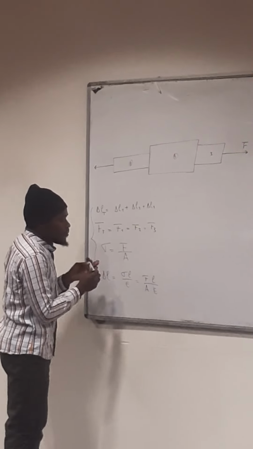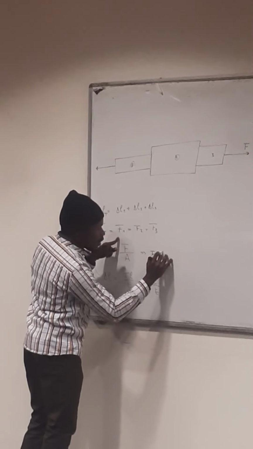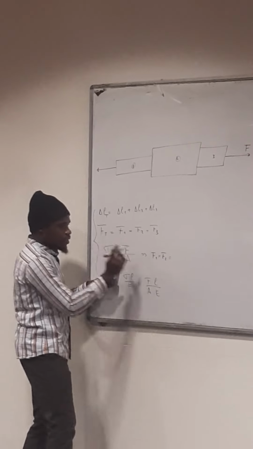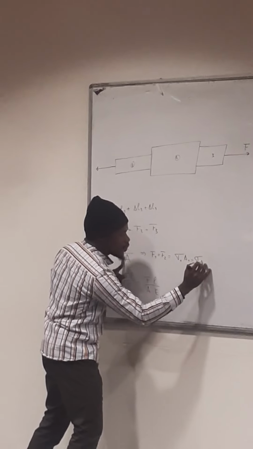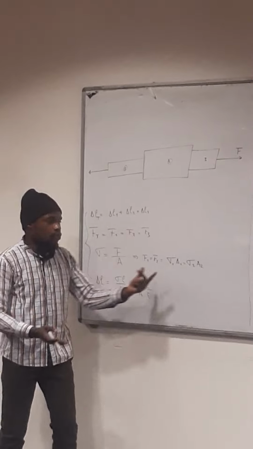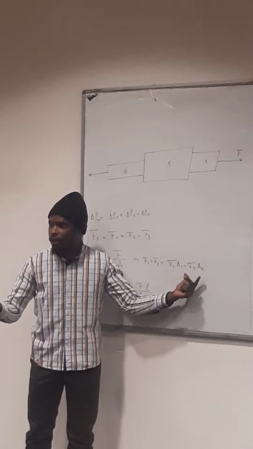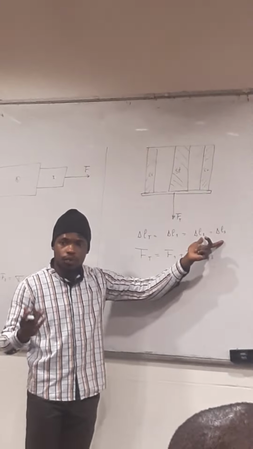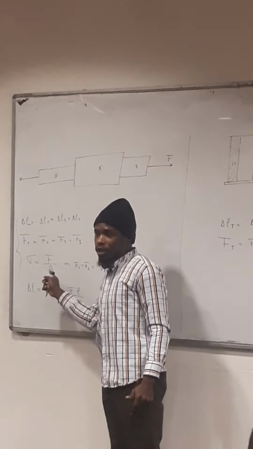In this case, if F1 is equal to F2, you come on the stress, you send it to the other side, and say stress 1 times area 1 equals stress 2 times area 2. As I said, the quantity which is equal is what will give you the relation between the two or three components. And most of the time, look at the stresses.